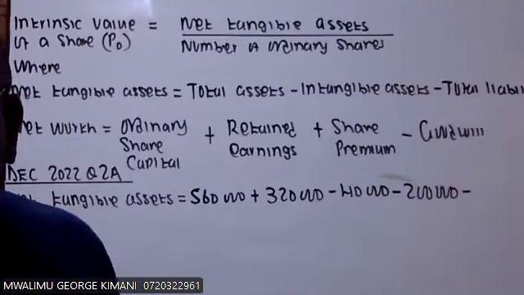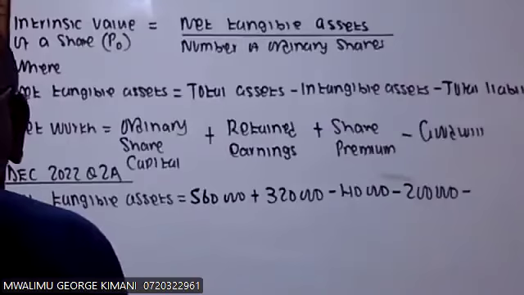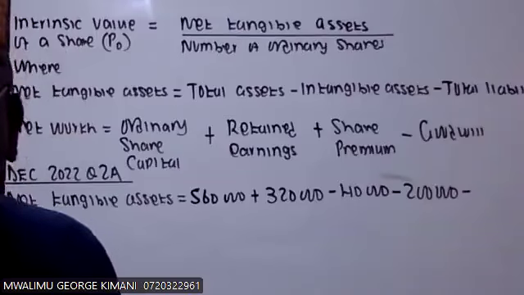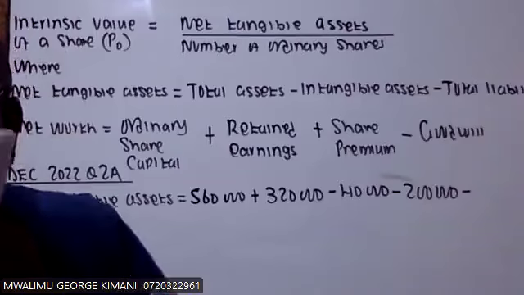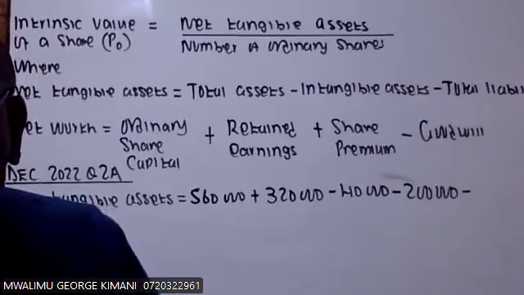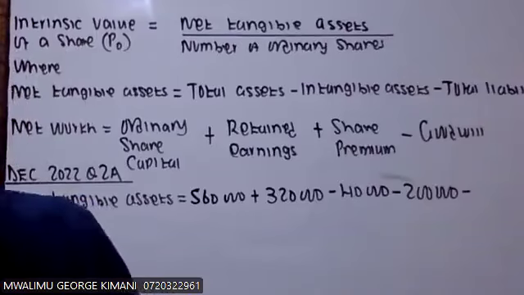The long-term liabilities, there are two of them, 120 and the 20, the debt and the deferred tax.